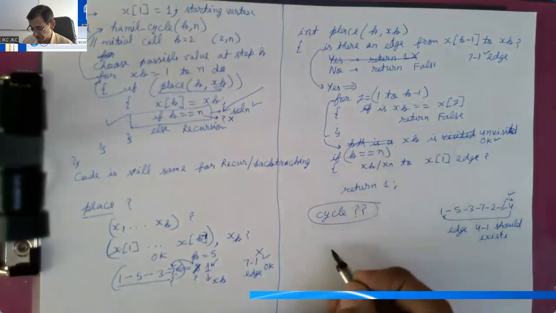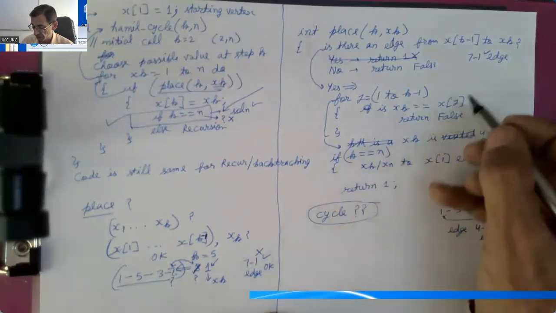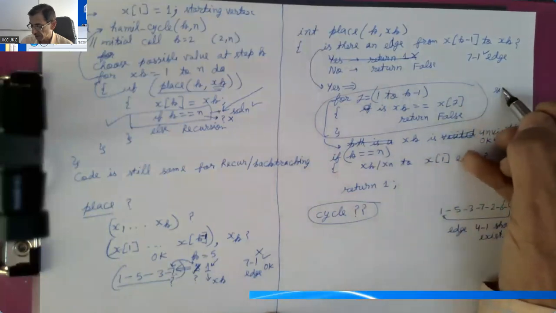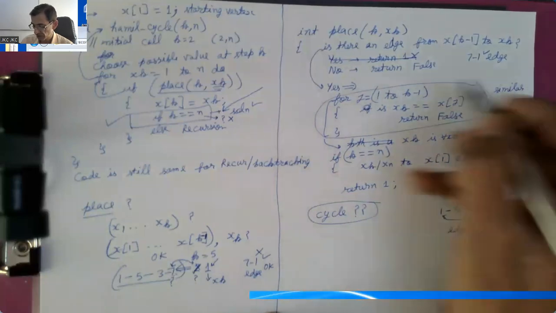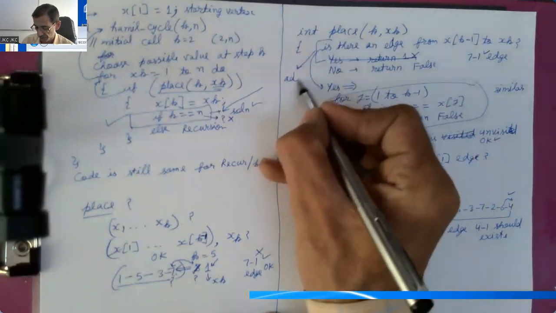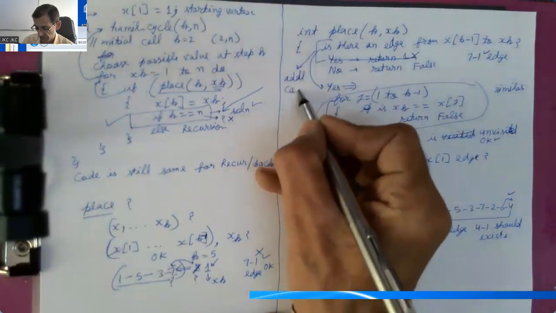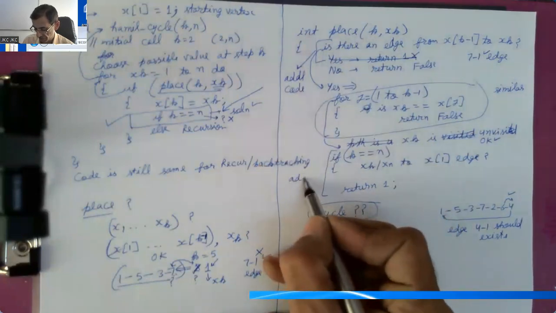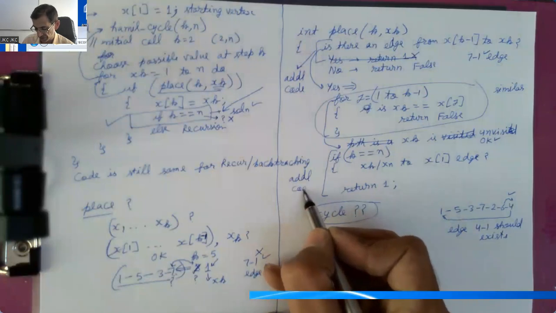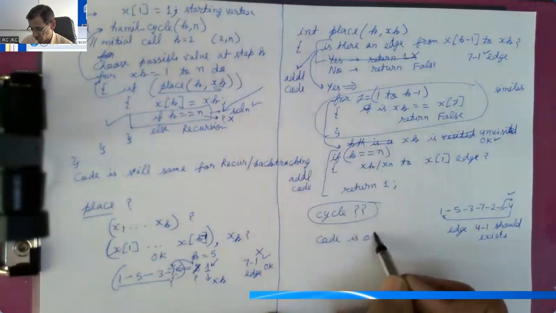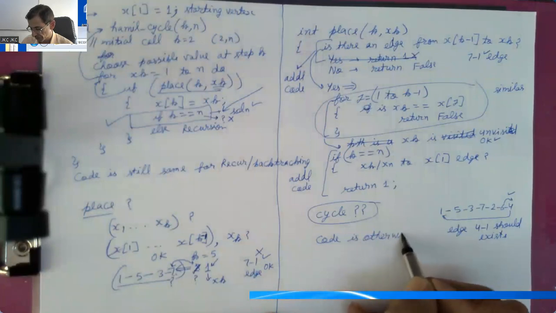So that becomes a simple logic. If you again see, the logic is simple. This is more or less similar already. Earlier also we have done the same coding. The only thing was this additional check. Rest of the code remains very similar.